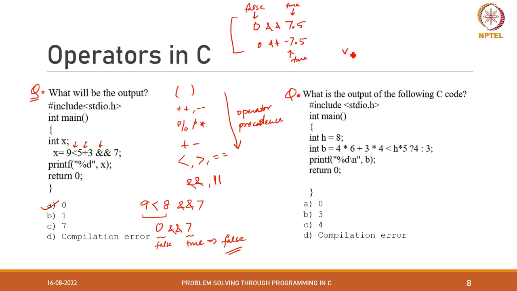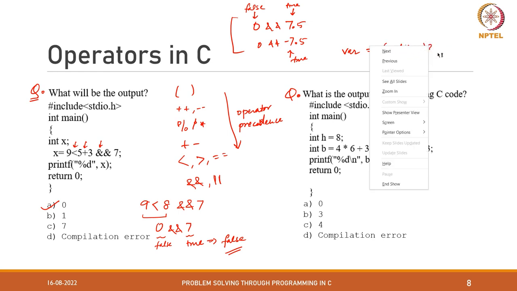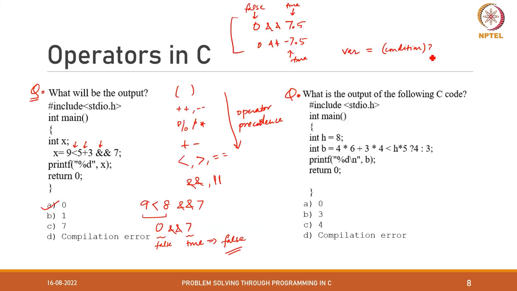So we have some variable, and we are writing a condition, then a question mark, then value 1, a colon, and value 2. This set of operators, the question mark and the colon, is called the ternary operator.